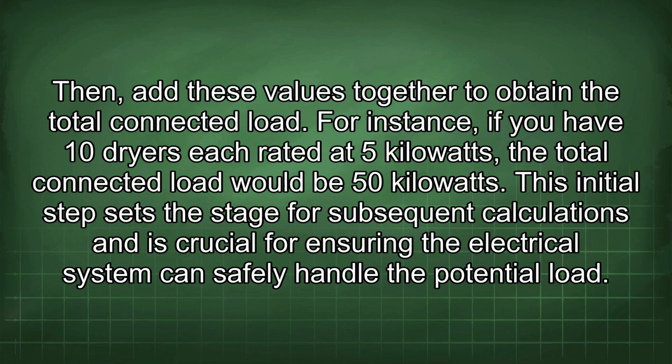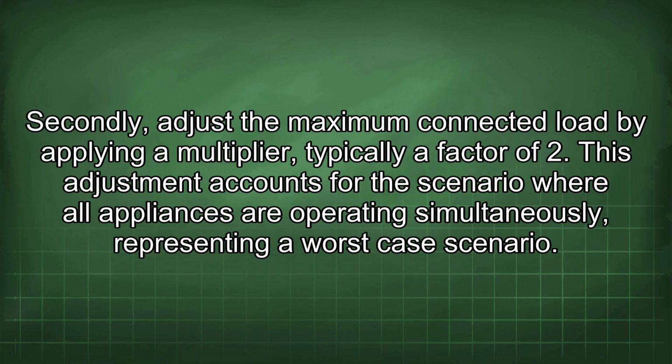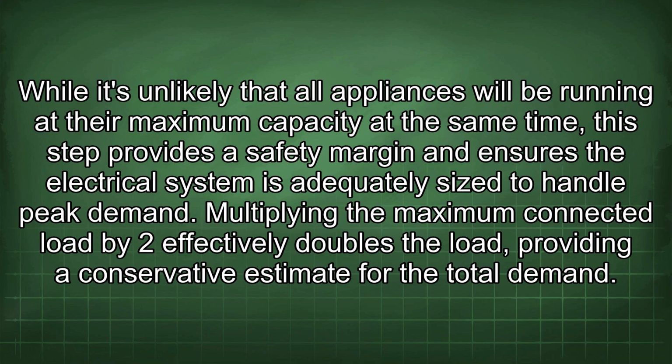This initial step sets the stage for subsequent calculations and is crucial for ensuring the electrical system can safely handle the potential load. Secondly, adjust the maximum connected load by applying a multiplier, typically a factor of 2. This adjustment accounts for the scenario where all appliances are operating simultaneously, representing a worst-case scenario. While it's unlikely that all appliances will be running at their maximum capacity at the same time, this step provides a safety margin and ensures the electrical system is adequately sized to handle peak demand.